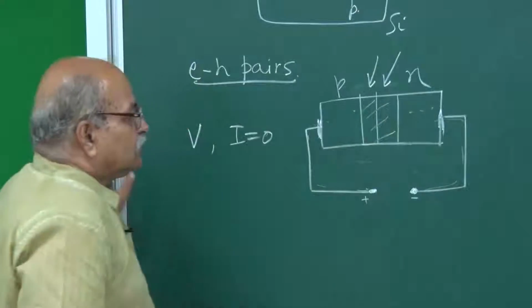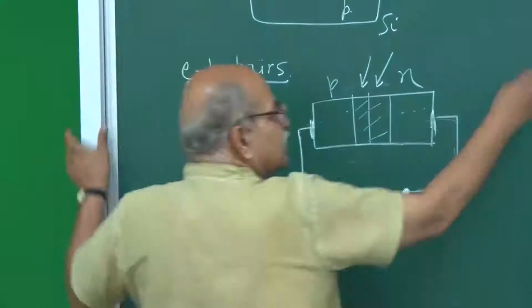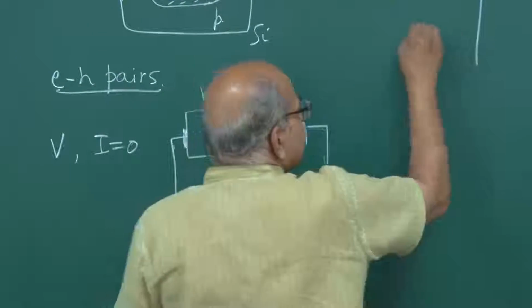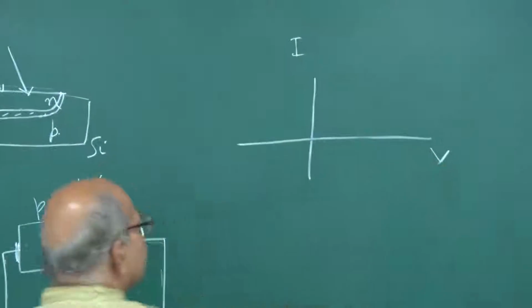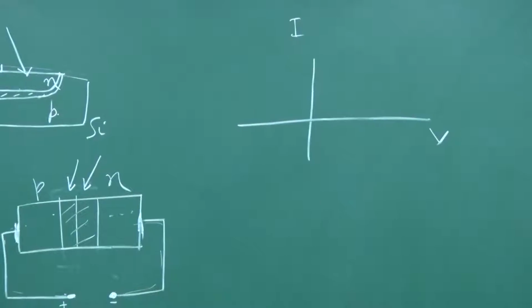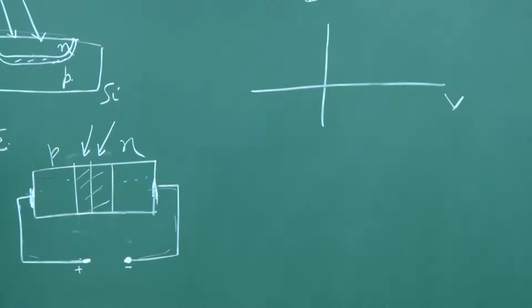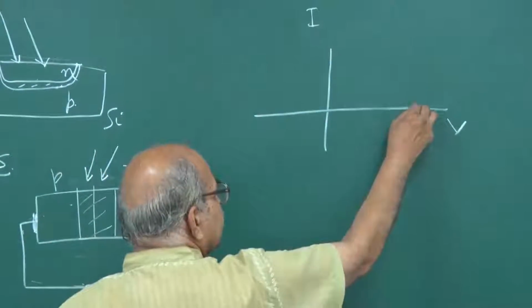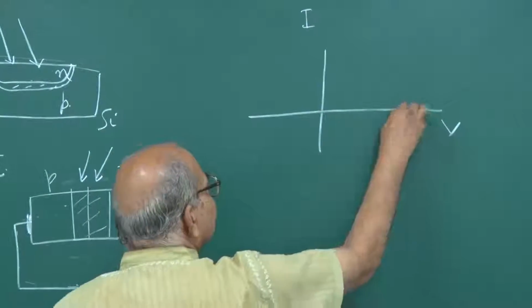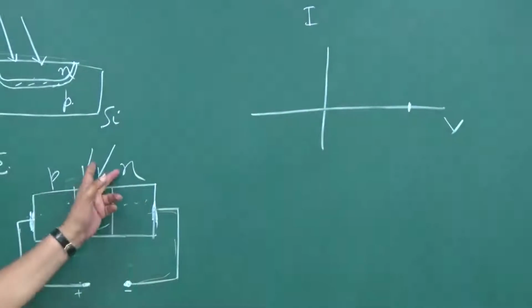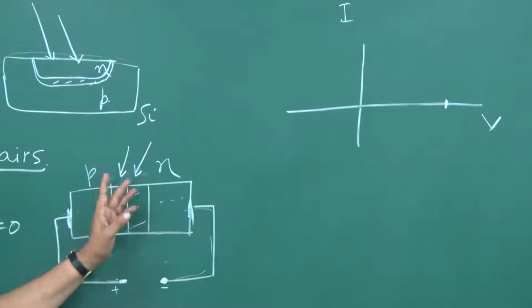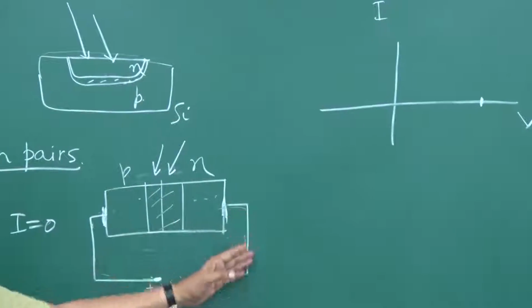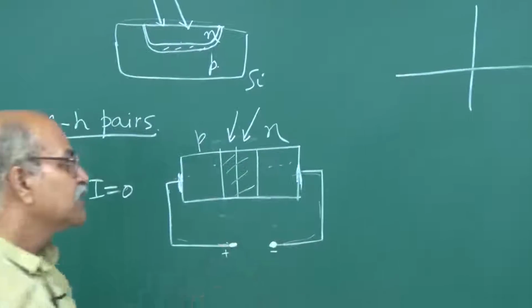So, if I try to show it in an IV characteristic curve, suppose this is I and this is V. So, where are we? We have some potential here, but there is no current. So, current is 0 and we are here at a certain illumination. If you increase the illumination, more charge carriers will flow and the potential will increase a little bit.